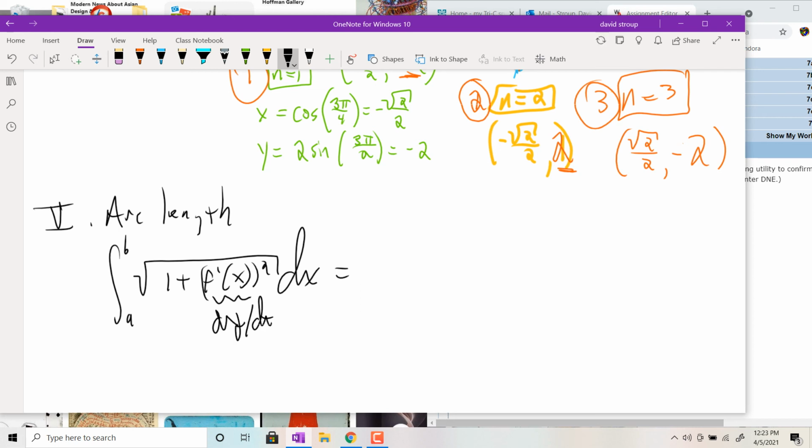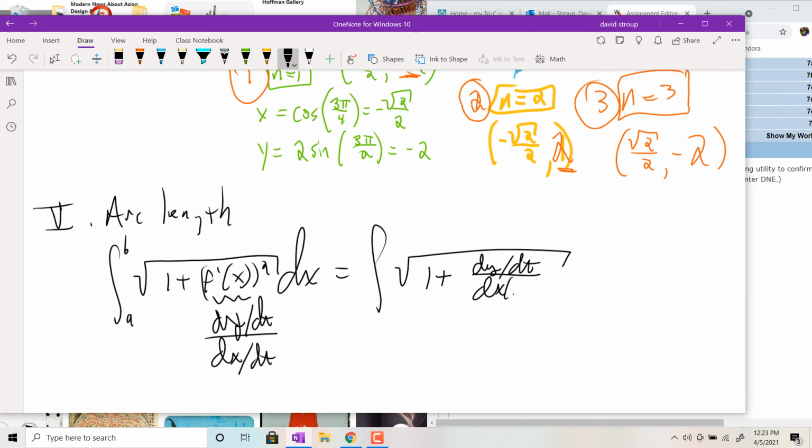So dy over dt all over dx over dt. So we have the integral of the square root of 1 plus dy over dt all over dx over dt, and that thing's squared. And then we could factor out dx over dt.